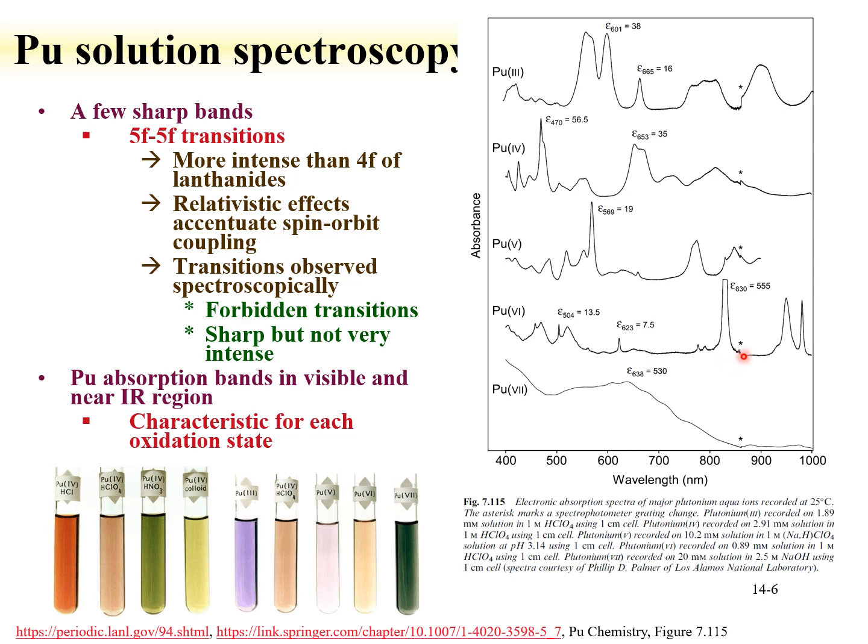For instance, plutonium-6 has this absorbance at 830 nanometers and a molar absorptivity of 555. Plutonium-4 has a peak at around 650, another peak around 730, and these molar absorptivities are on the order of 35 and 60.